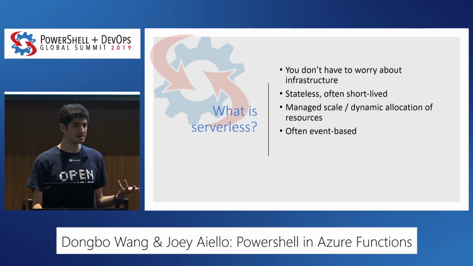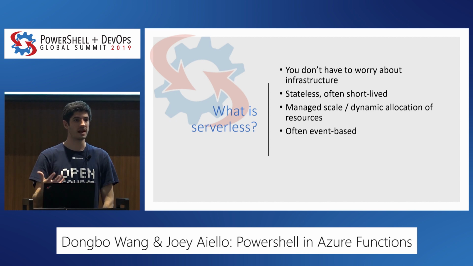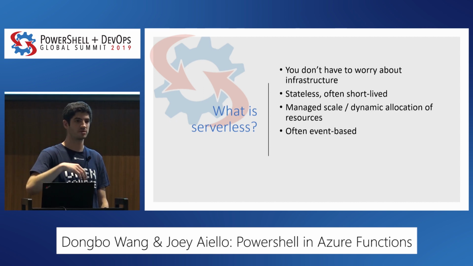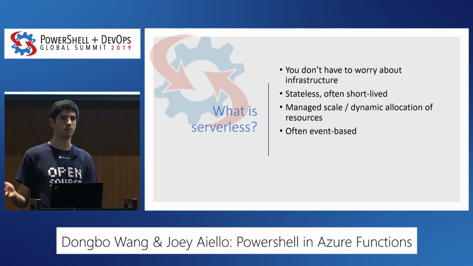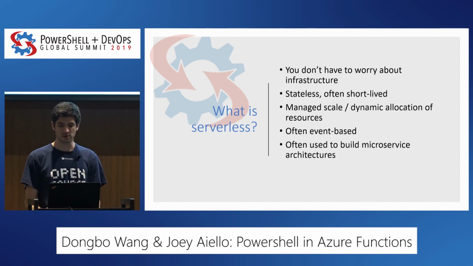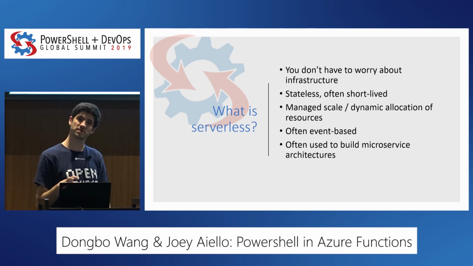Typically, these things are event-based. So there's some event that happens, whether that's a REST API getting hit or something happening in your Azure subscription or happening on a third-party service via a webhook that's going to trigger your code to run. And these are typically used to build microservice-based architectures.